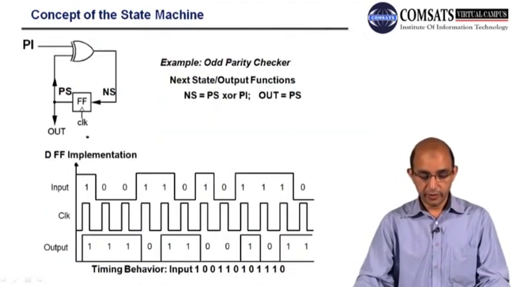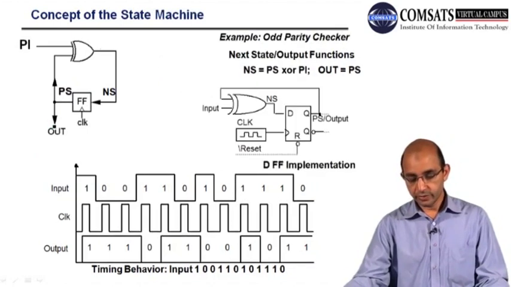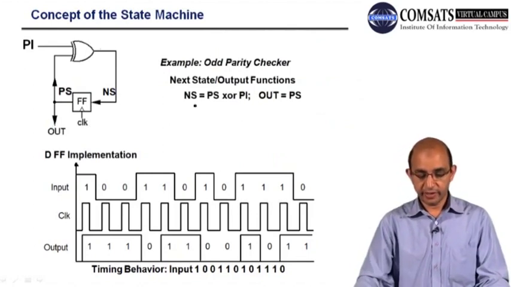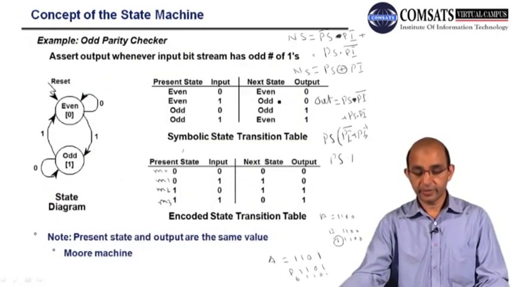Ultimately, we need a combinational circuitry that will provide input to this storage element, the flip-flop, and this is the output. So the next state is equal to PS XORed with PI, and this is the output. How we calculate it, I have mentioned already.